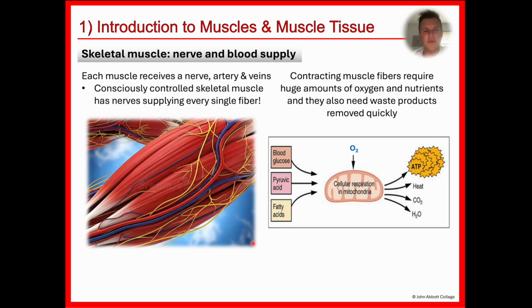All right, so just a side topic, to make sure that we understand this. Skeletal muscles, we'll start with. We'll talk about their nerve and blood supply. Each muscle receives nerves, arteries, and veins. For skeletal muscle, there are neurons that go to these muscles. Why?